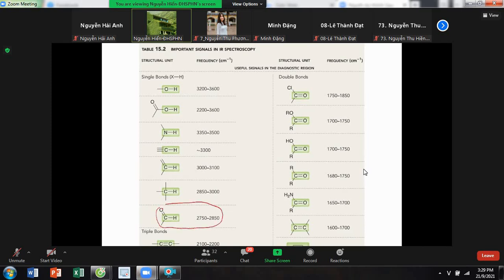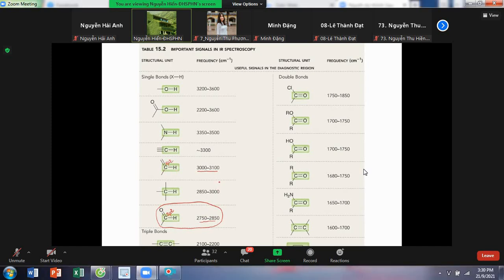The aldehyde contains a CsP2 hybridized H bond, but it's absorbed much lower than the CsP2H of an alkene, and the explanation is quite interesting. If someone is interested, we can discuss later.